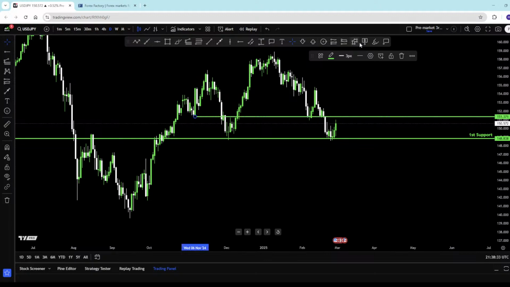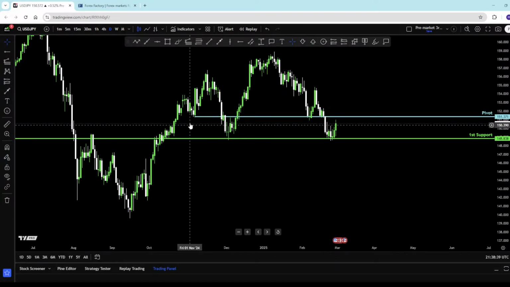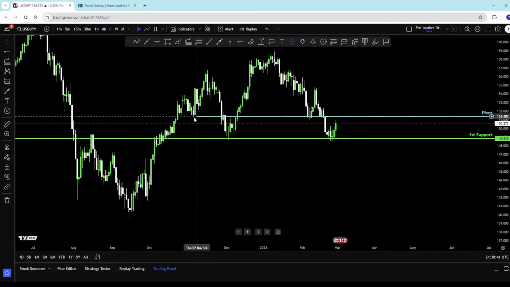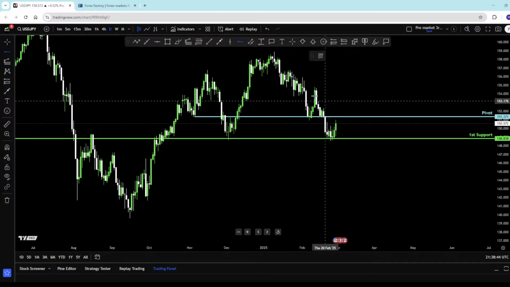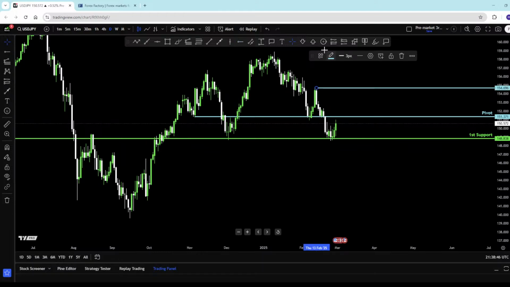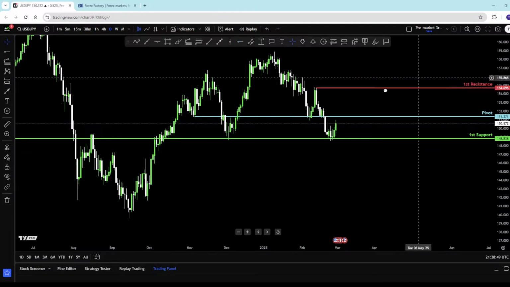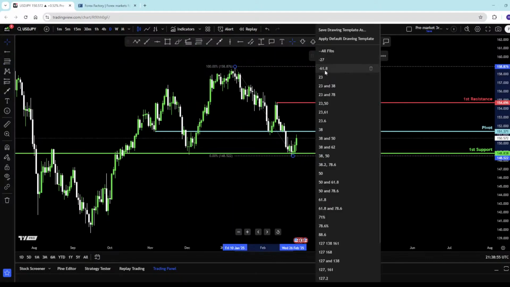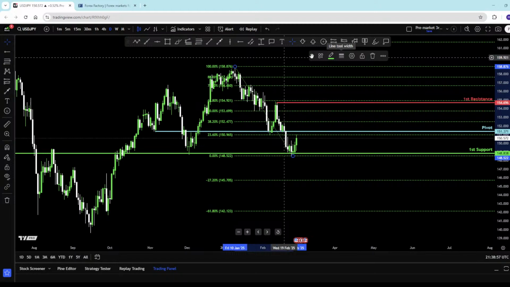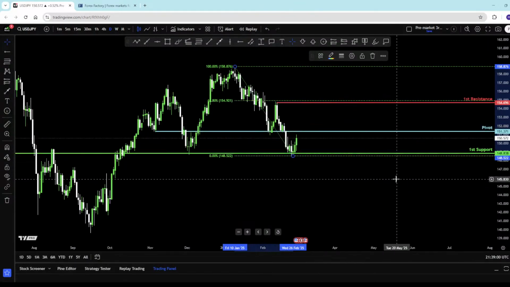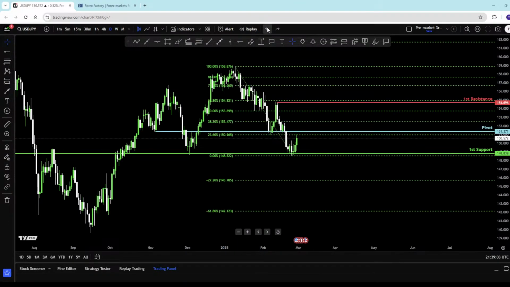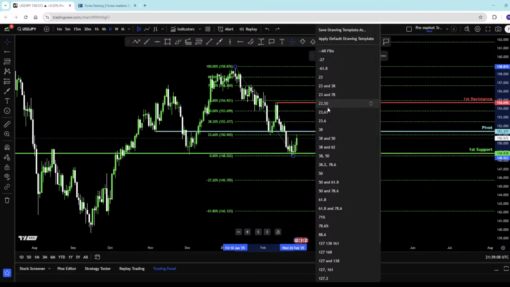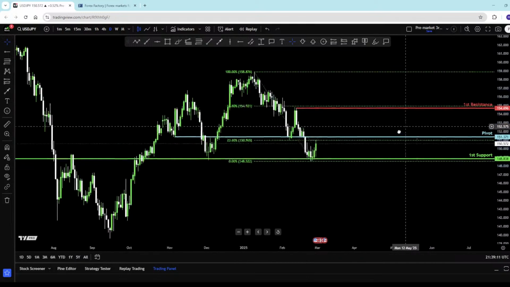So I'm going to place my pivot over here. You can see it's in line with a bunch of swing lows. Next, I'm going to place a first resistance up here. So that 61.8 lines up with the first resistance. Actually, first resistance and 23.6, which lines up with our pivot.